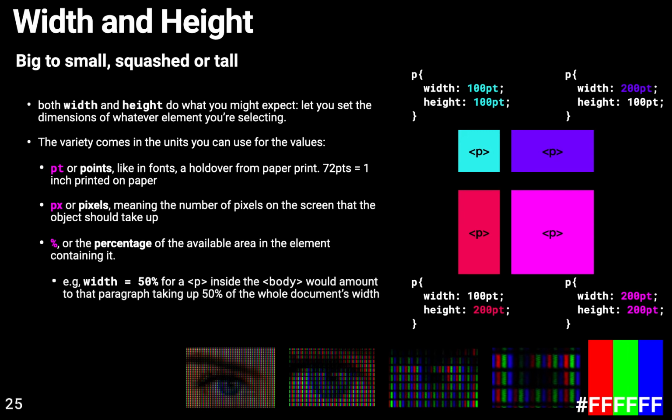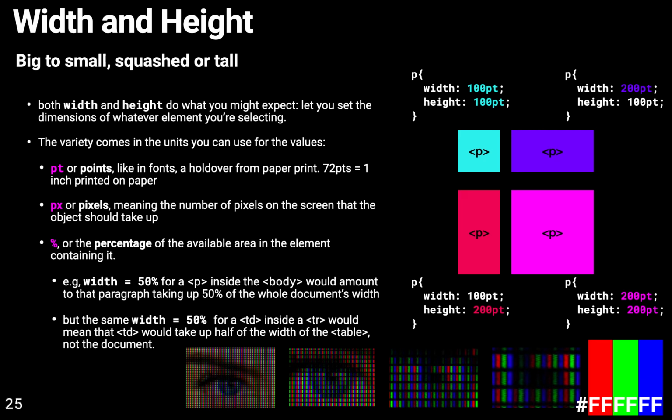So, for example, if you set width to 50% for a paragraph object sitting inside the body, just like in the main container of the whole page, that's basically saying, I want this paragraph to be allowed to take up 50% of the available space of the whole document, of the width of the document. But that same width equals 50% applied to a table data element inside of a table row would mean that table data element would take up half the width of the table, not the whole document, right?